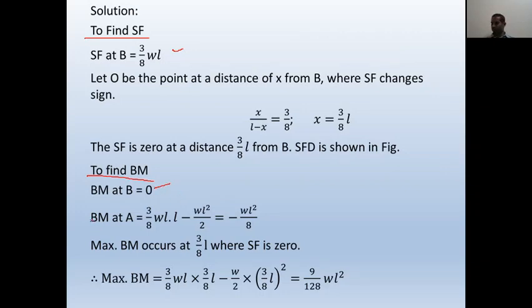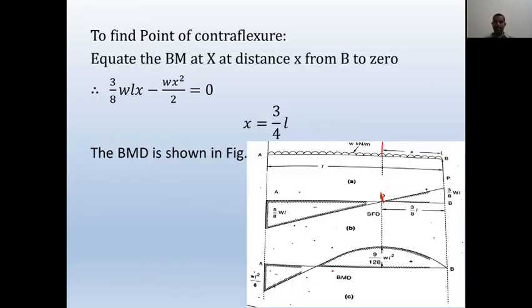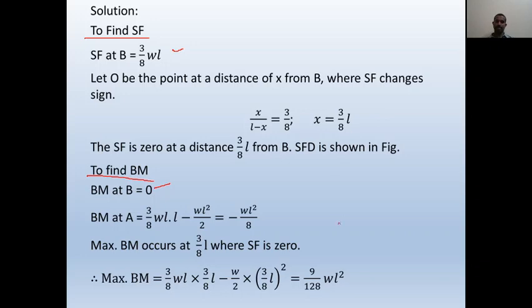Next, bending moment at A, simply you can see the diagram. Bending moment at A is equal to this point load multiplied by this distance, P multiplied by L, which acts in the counterclockwise direction about A, minus W into L by 2, the centroid distance L by 2, which is going to act in the clockwise direction. Therefore, minus will be coming right here.